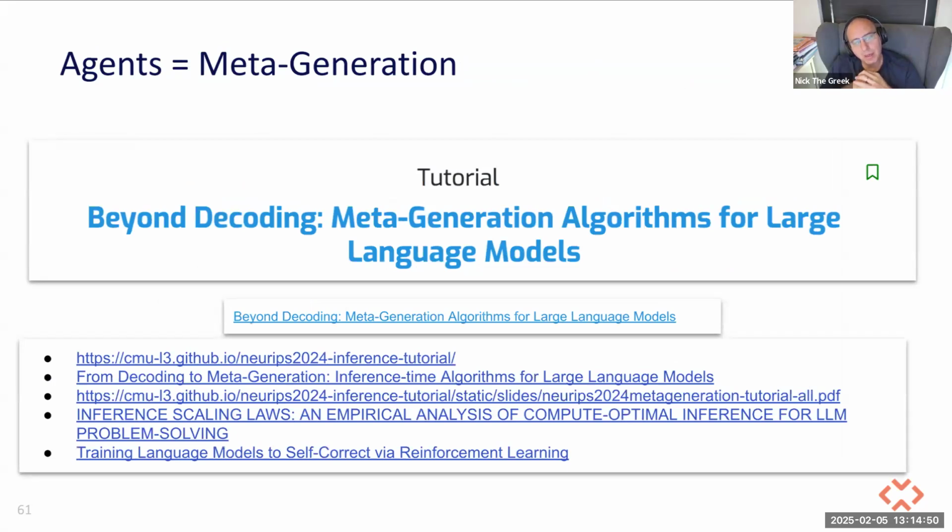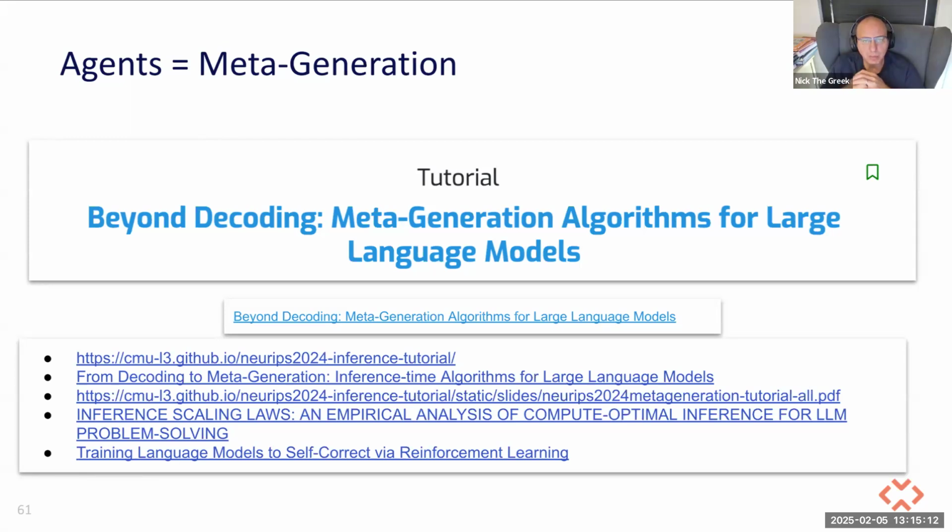This is next. We have this great tutorial. We spoke about that yesterday a little bit. It says Beyond Decoding: Meta-Generation Algorithms for Language Models. And here I managed to also find the tutorial slides and some other references.